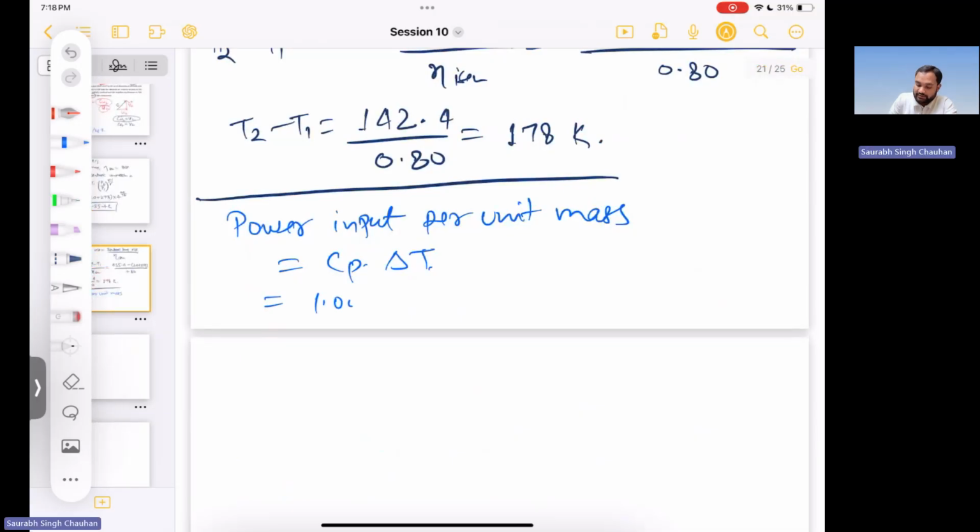1.005 times the temperature rise delta T, so this is 178 Kelvin.